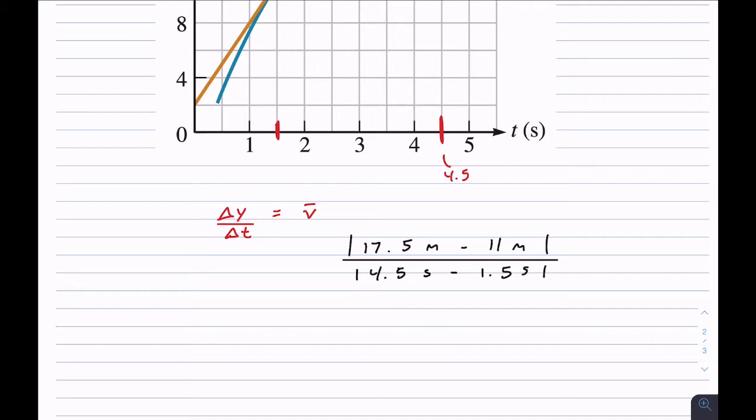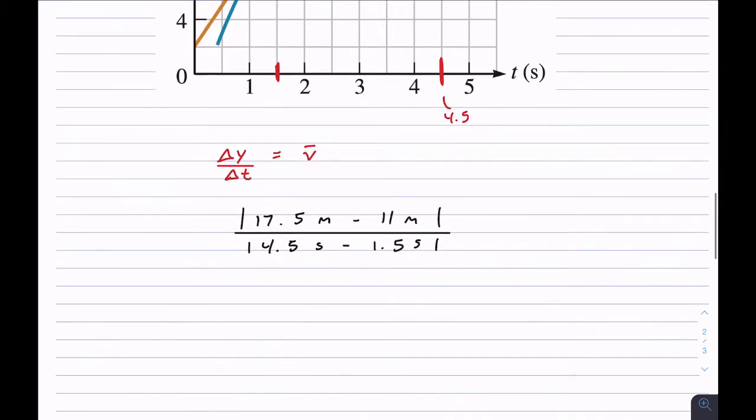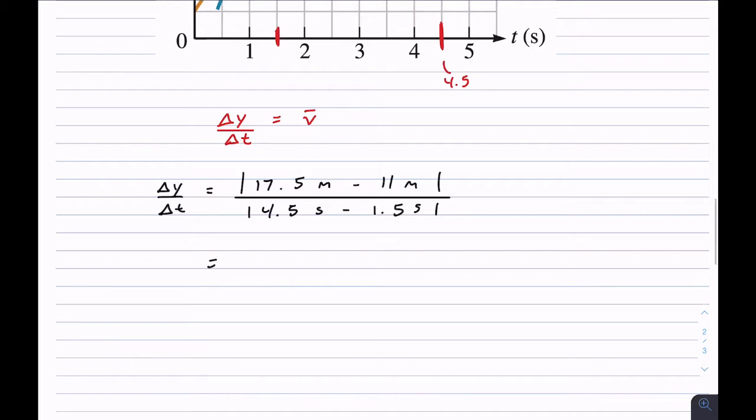This is going to give us delta y over delta t. Okay, this is going to be 6.5 meters over, this is actually 4.5, not 14.5. That looks kind of hard to read. 4.5 minus 1.5 is 3 seconds.